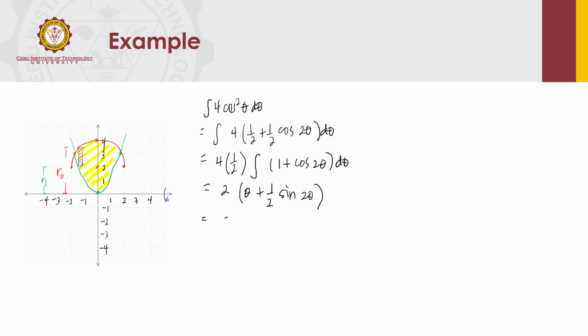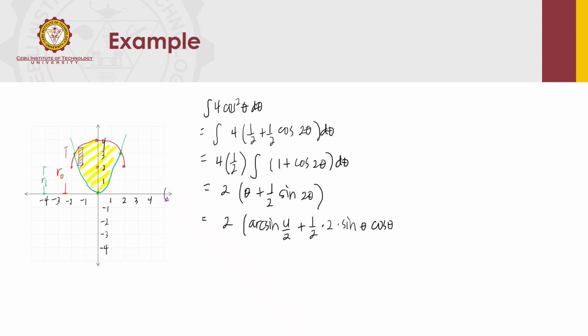So we'll plug in theta, which is arcsine of x over 2, and then 1/2, and sine 2 theta is 2 times sine theta cosine theta.